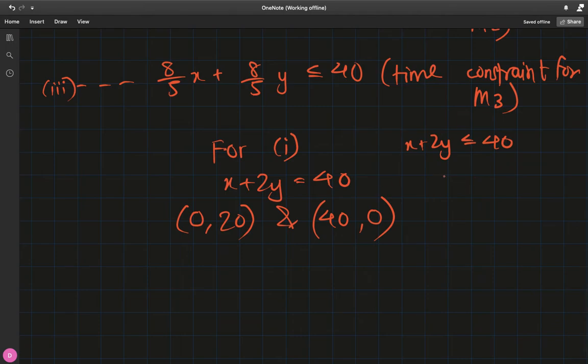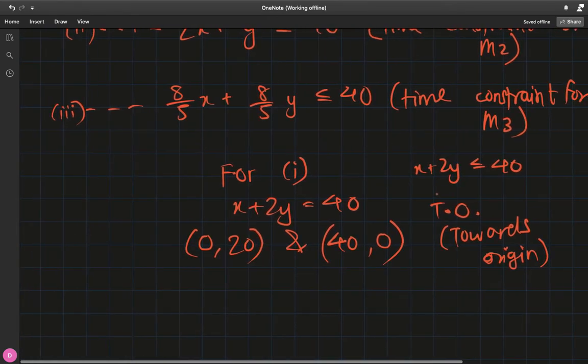So this shaded region will be towards the origin, because the origin satisfied this inequality. So it's the origin and all the points before this boundary governed by this line that will be in the feasible region of this inequality.